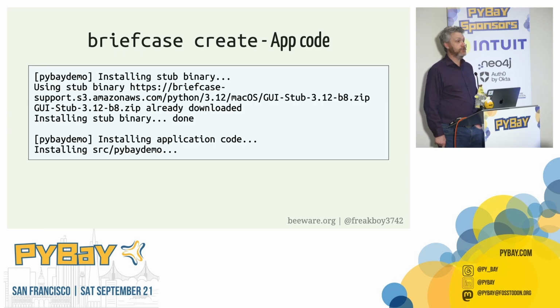Then Briefcase downloads and installs a stub binary. It's a literal executable that can be used to start your app. This is essentially a copy of python.exe that has been hard-coded to just start your application. You need this so that the app appears in your operating system's task manager as PyBay demo, not python.exe. Then Briefcase installs your application code, anything declared in your sources section of your project.